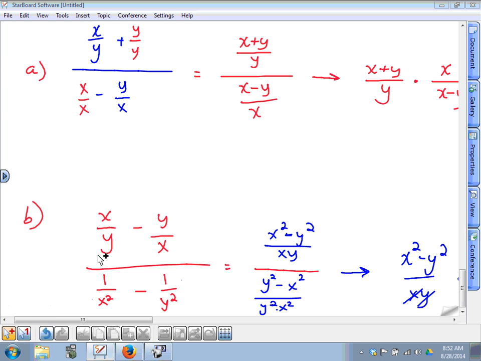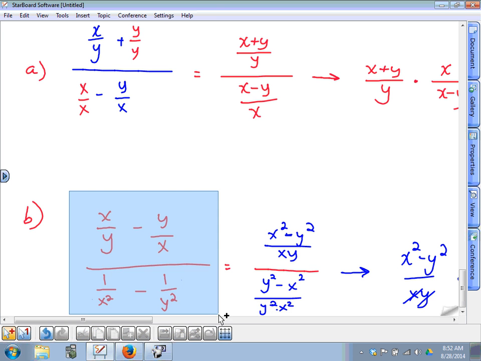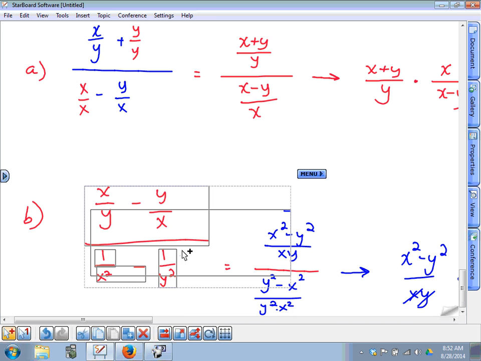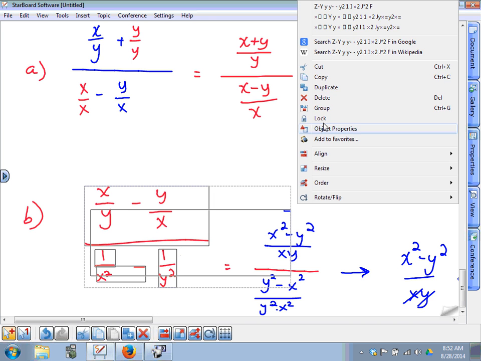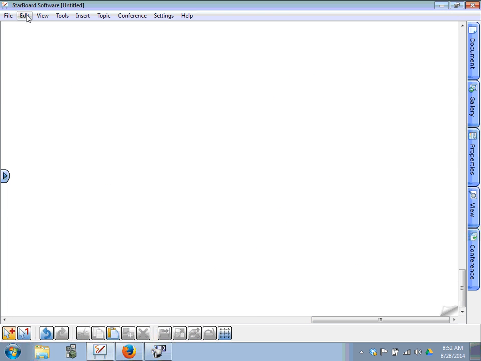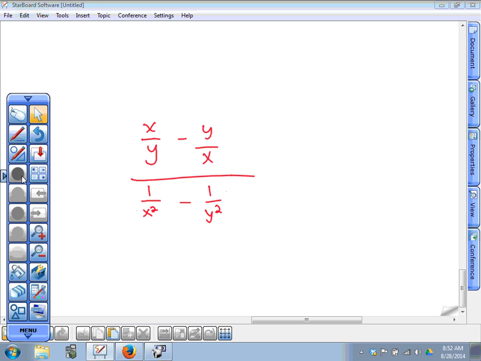So sometimes this method too is a little quicker. Let's see. I don't want to write it again. I'm going to copy it. Okay.